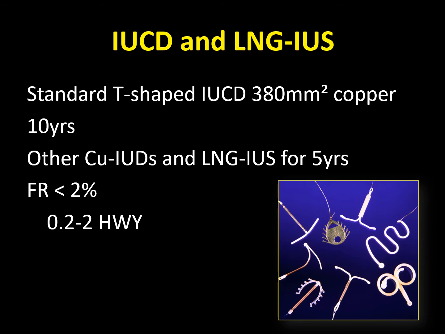The levonorgestrel Mirena intrauterine system can be kept for 5 years if it is used as a method of contraception, but if it is used for endometrial protection in hormone replacement therapy, then we can keep it in for 4 years only. The failure rate of copper IUCD is very low, and even lower for Mirena, with a failure rate of around 0.2 per 100 woman-years.